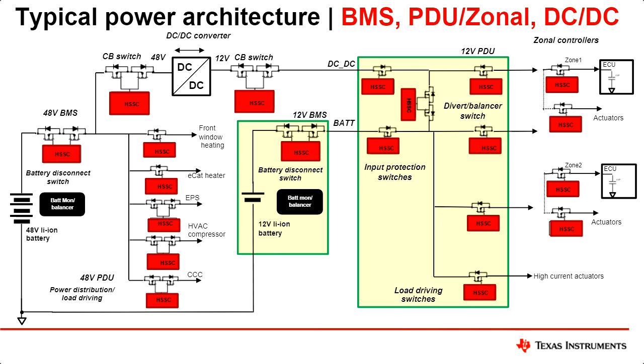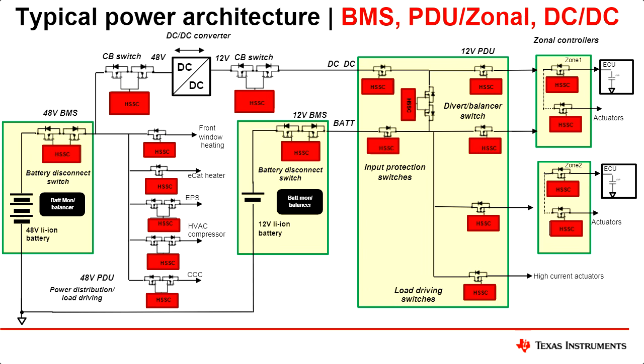Then we have the power distribution unit where the battery voltage and the DC-DC voltage from the 48 volt rail are getting ORed, and both of them are driving, let's say, the 12 volt rail, or some of them being driven from the 48 volt rail as well.